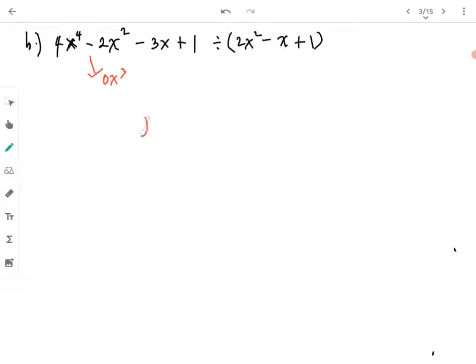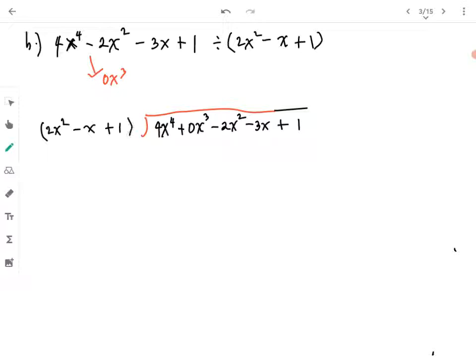So if we write that here, we will have 4x raised to 4 plus 0x cubed minus 2x squared minus 3x plus 1 divided by 2x squared minus x plus 1.